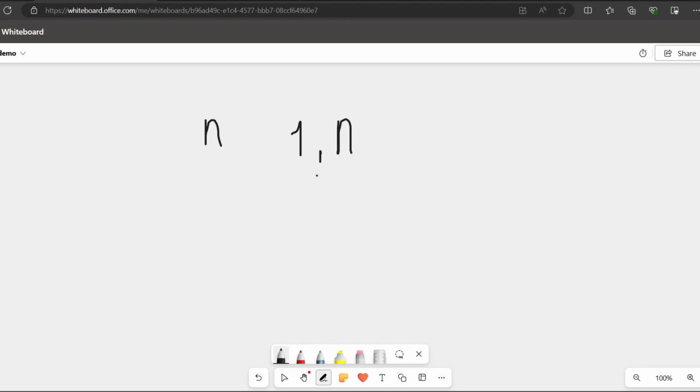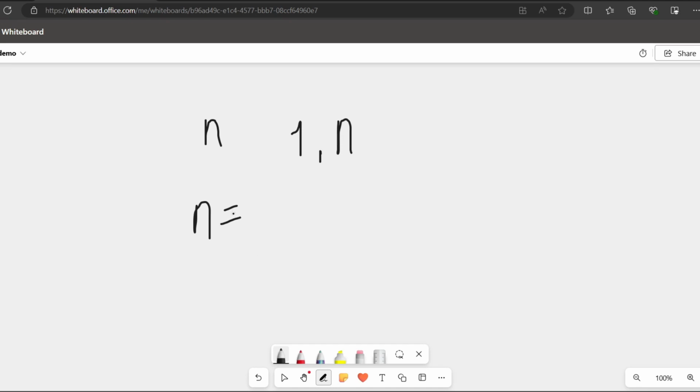So we only really need two other divisors for this number. If the number is made out of two other divisors, then when you multiply them, they equal this number.